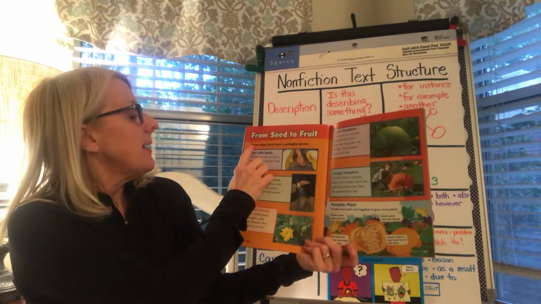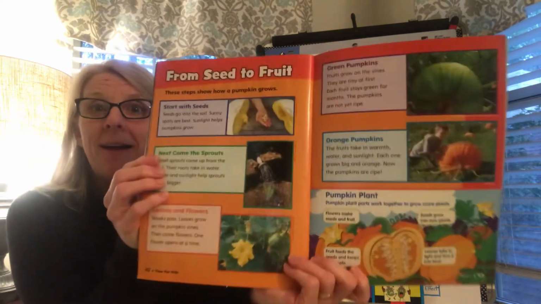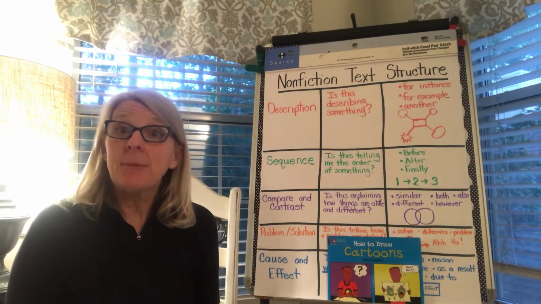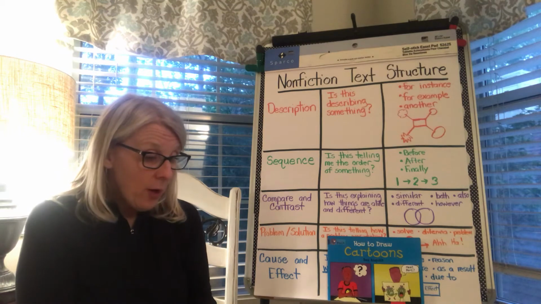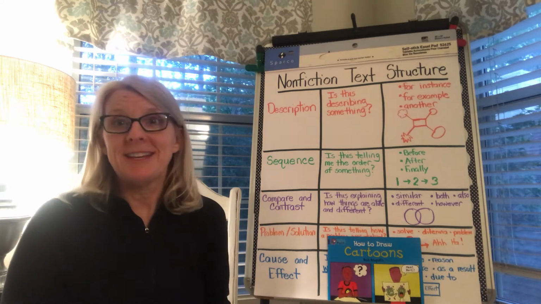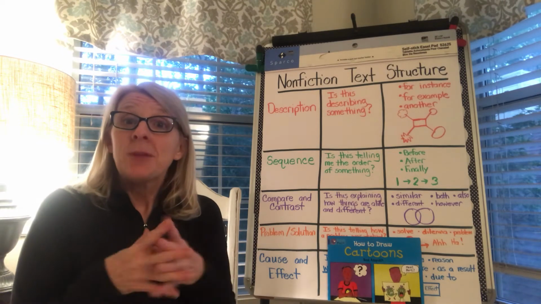And look what it says. These steps show how a pumpkin grows. How about that? So it gives us a step-by-step example of how a pumpkin grows. That would be a great example of a sequence nonfiction text.